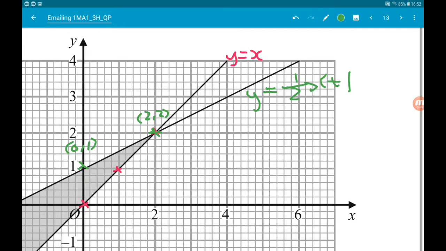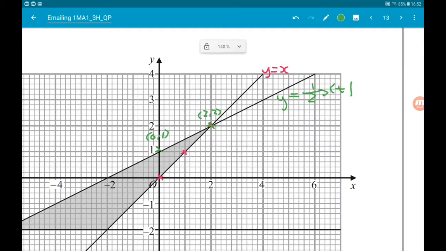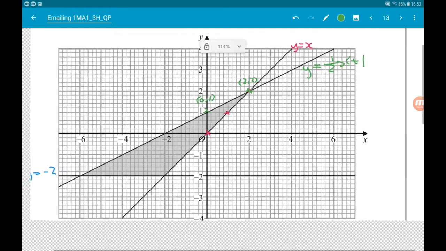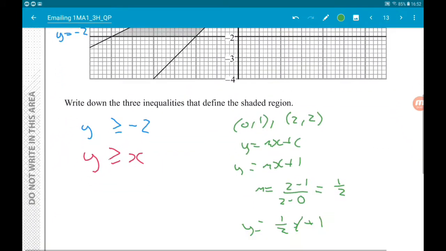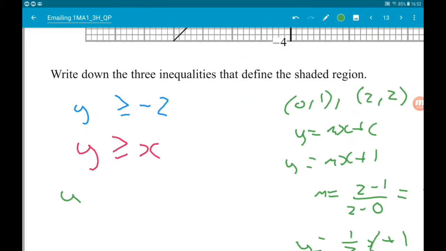Now, the region is below that line, so the inequality for that one is y is less than or equal to half x add 1. Boom.